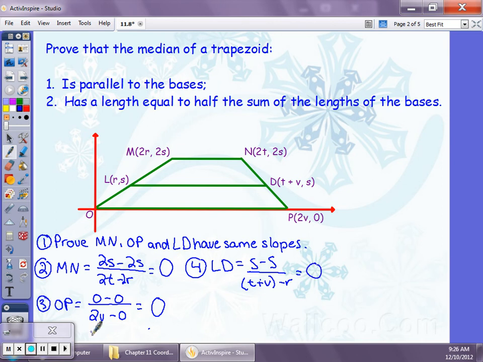So we know that if segments have the same slope, then the lines are parallel. Since the bases have a slope of 0, and the median LD has a slope of 0, we can now go to our fifth step and write our concluding sentence.